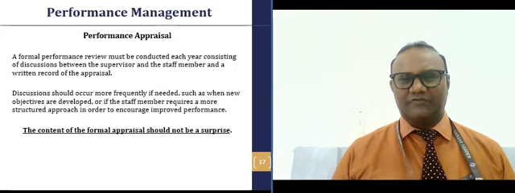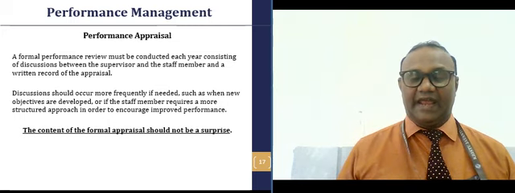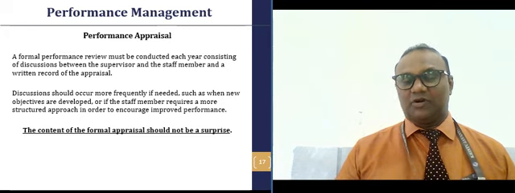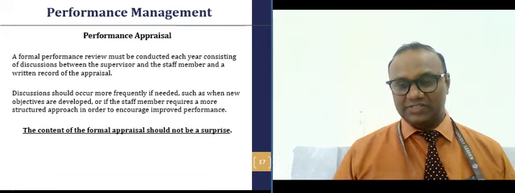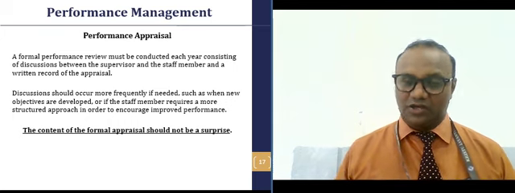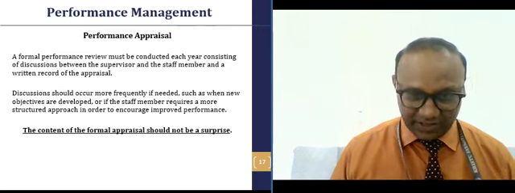And using those performances, the supervisor and the subordinate must have a very healthy discussion to see how performances can be improved, can become positive, can help the individual to do his or her job, and also help the organization achieve its objectives.